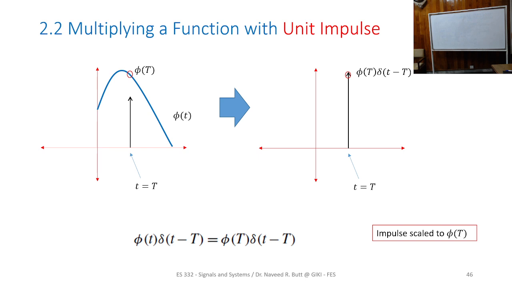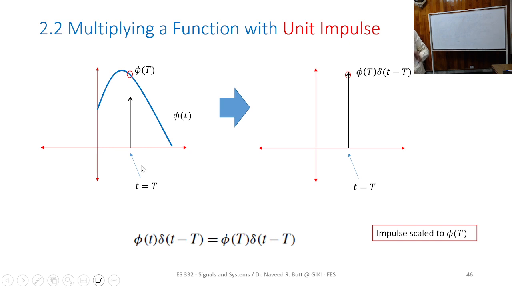Before we were saying unit impulse. Now what is its scaling? Phi capital T. So what happens is when you multiply phi t, any function, by delta t minus T, what delta does is it converts it into an impulse function whose scale is the value of the original function at this time.